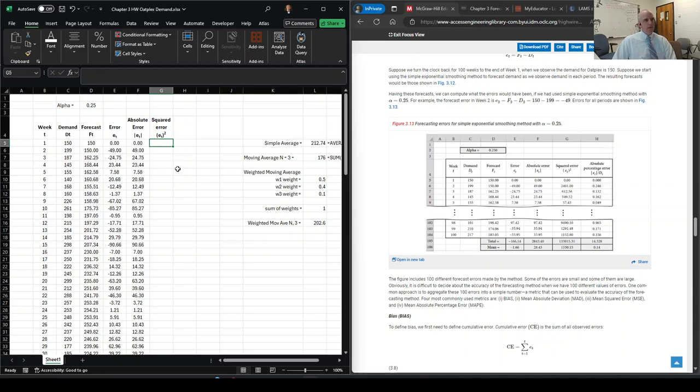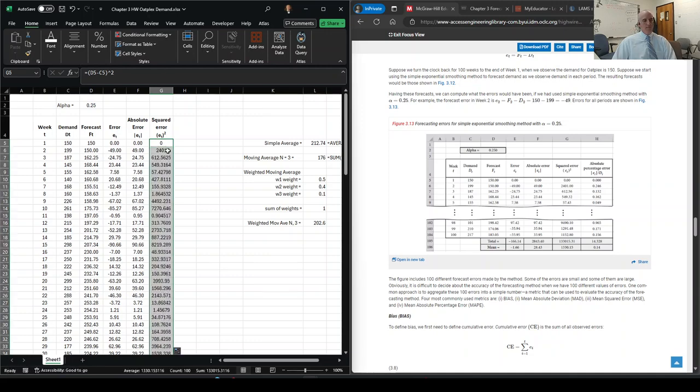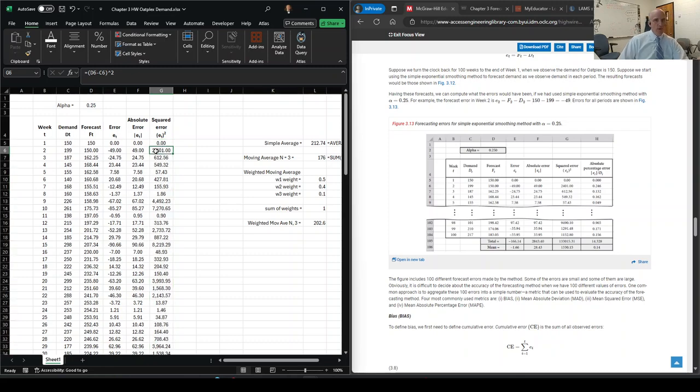How do we calculate this? We're going to take the error and we're going to square it. So again, we have the forecast minus the demand, squared. Let me format this, and then let me copy this down. Format the decimals. We have 2104, 612.56, 549.32, 57.43.